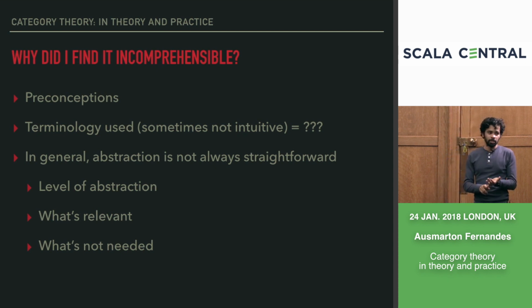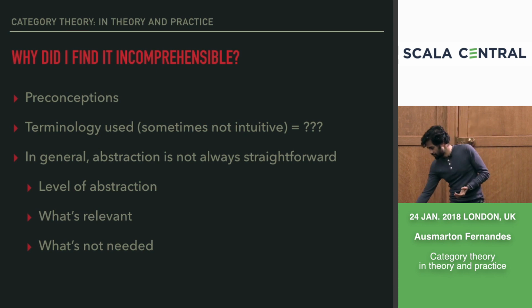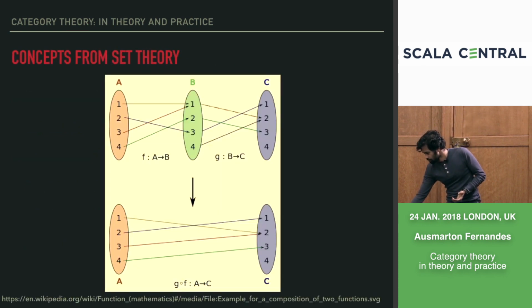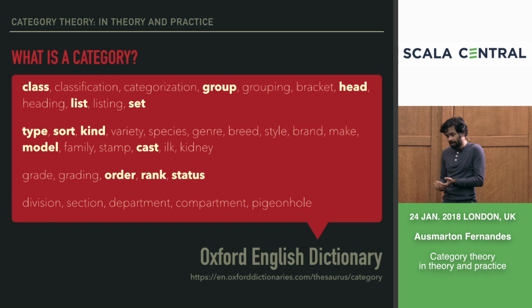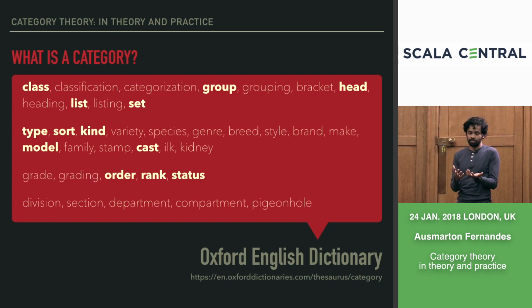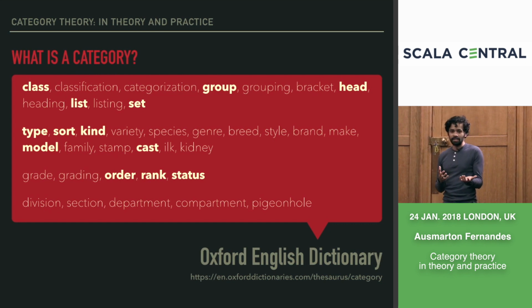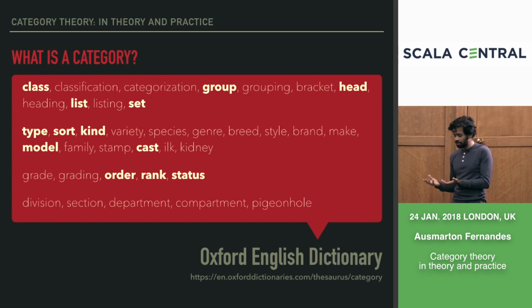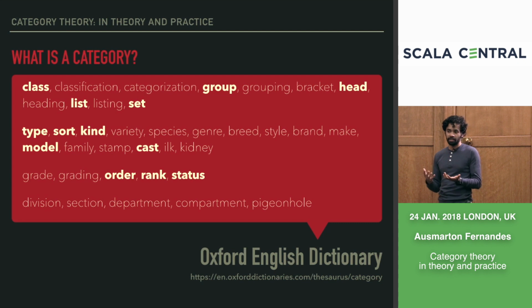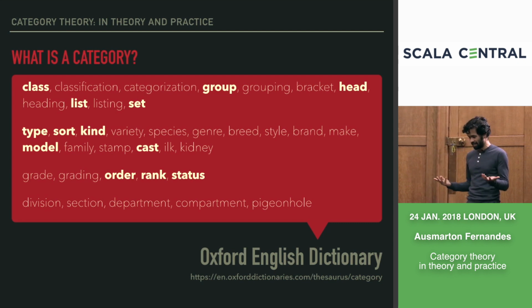The other thing was the terminology. This is what I came across when I was trying to just find what a category is, and there could be so many different meanings to it, and each of those have got a different meaning in our world. Like, it could mean a class, a group, head, list, set.